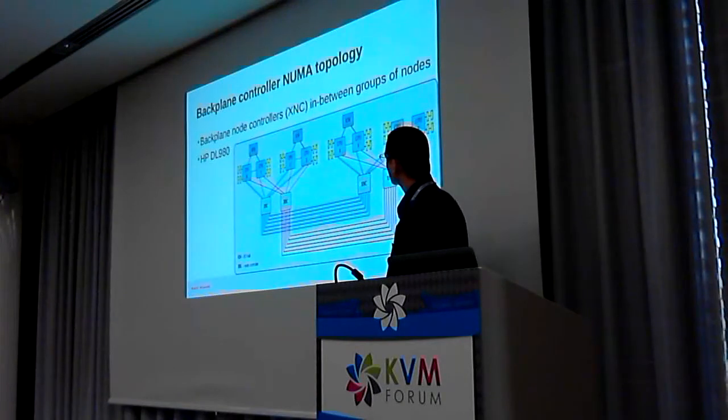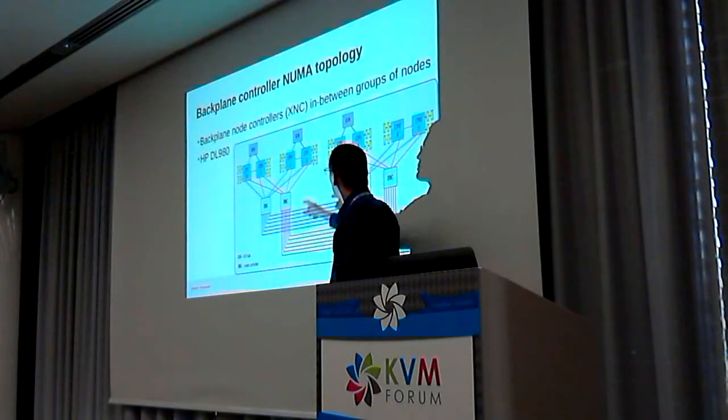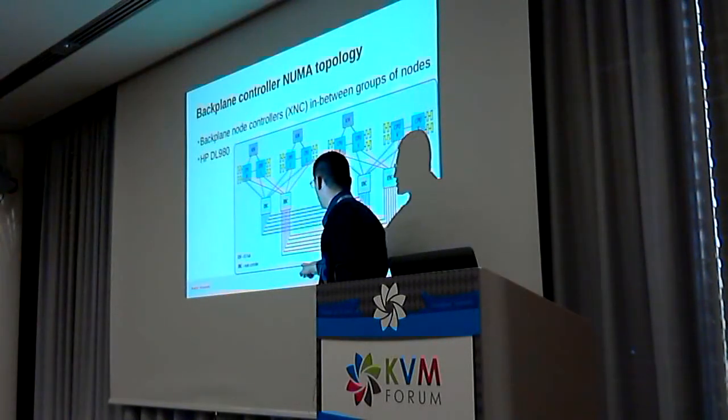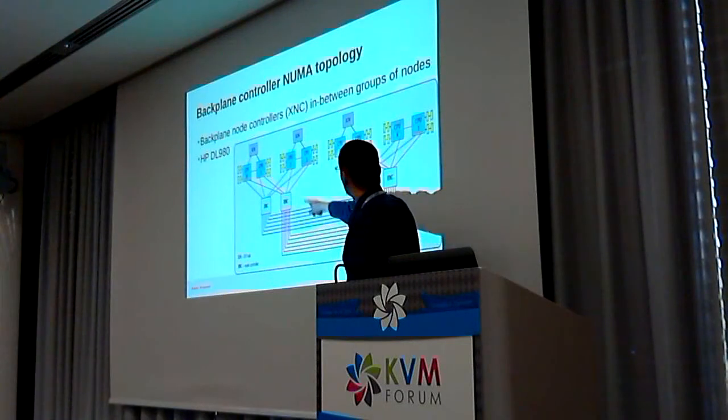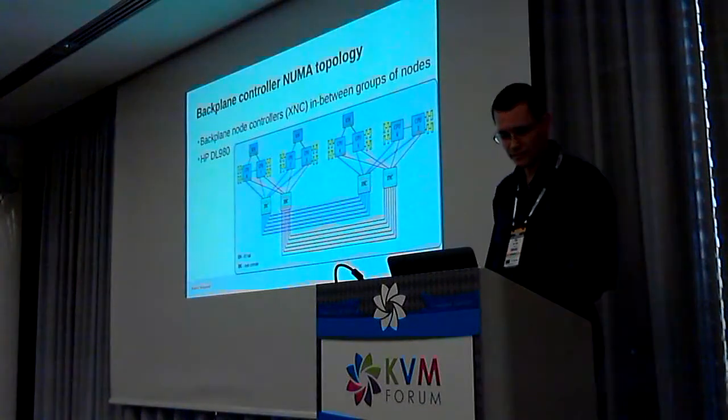And you do not want workloads to be spread around, say, between node 7 and node 3, because then all the communication between threads of that workload have to take 2 extra hops through the Backplane controllers.